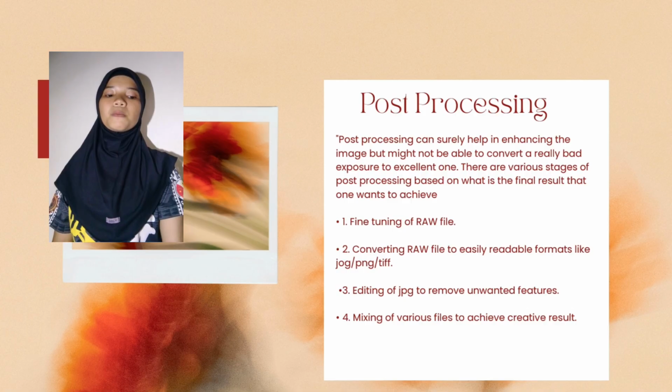This means combining multiple photos to create a new artistic or enhanced output. Example, you combine a portrait photo with a sunset background to create a creative double exposure effect.